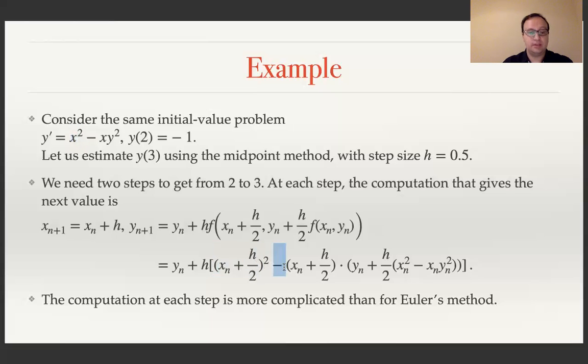And then minus x_n plus h over 2 times y squared, where y is y_n plus h over 2 times f of x_n and y_n. So it's y_n plus h over 2 times x_n squared minus x_n y_n squared, everything squared. Okay, so it's a pretty complicated formula.